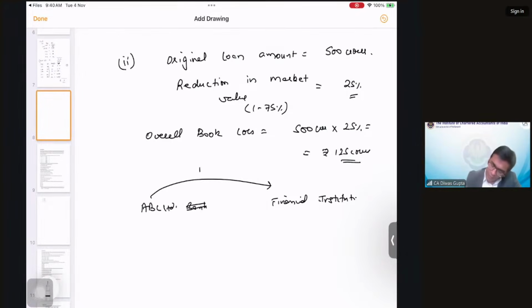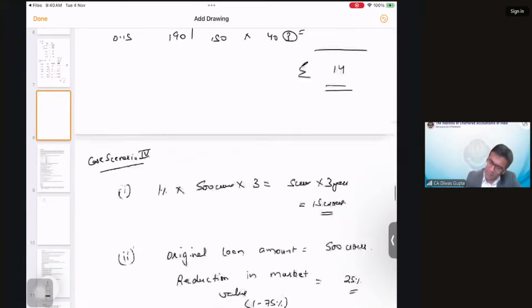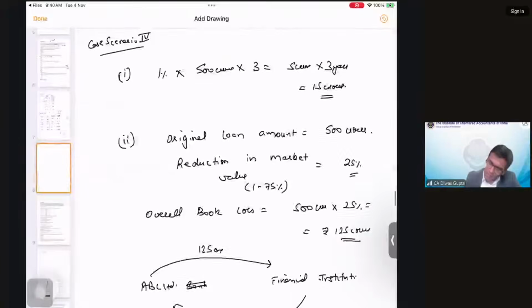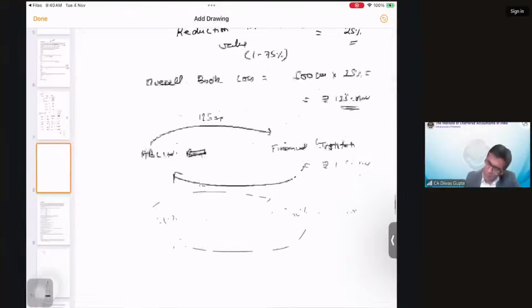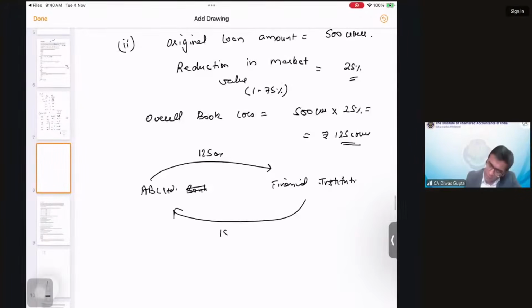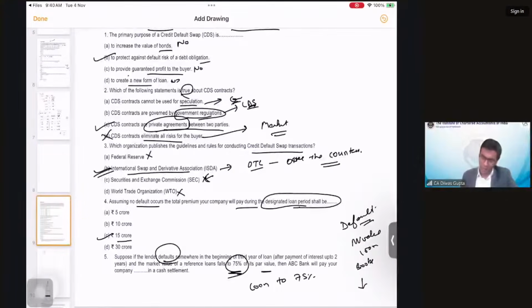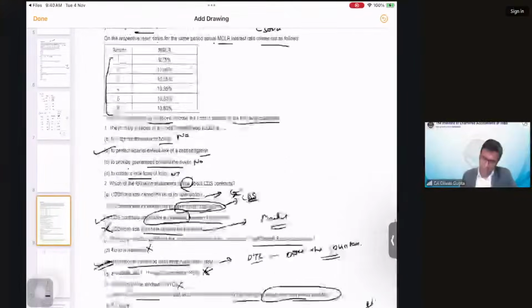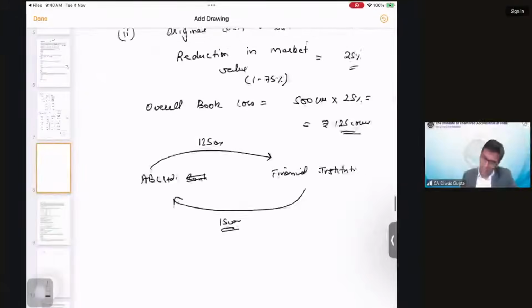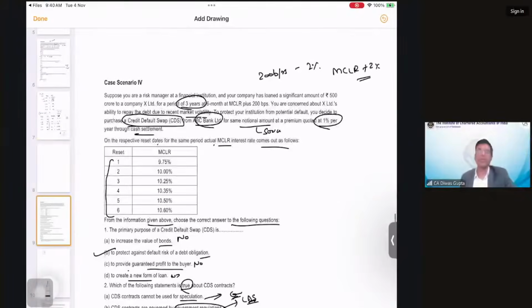So see students, 125 crores has been paid, but here what has been received? Here the premium that was received in totality was around 15 crores only. So if you see, the financial institution has only received 15 crore, but against that the actual outflow was how much? 125 crore, students.